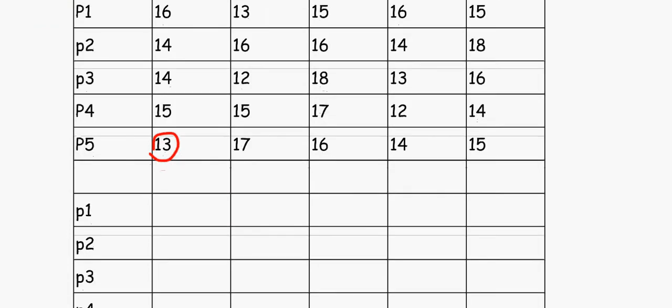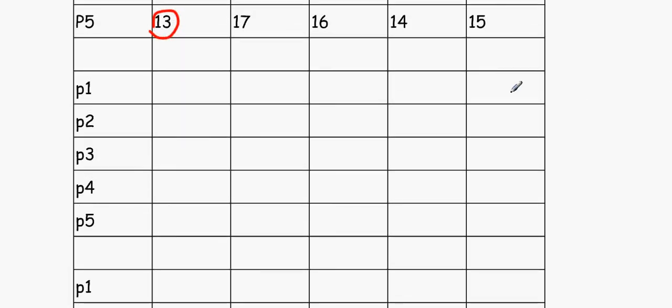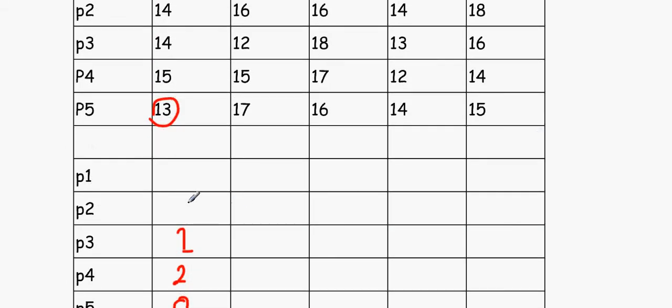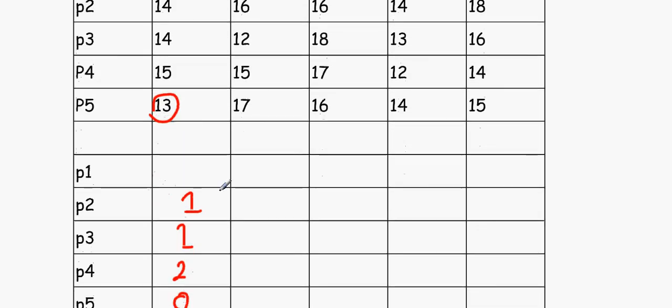So let's start with puzzle 5. 13 minus 13 equals 0. 15 minus 13 equals 2. 14 minus 13 equals 1. 14 minus 13 equals 1. And the last one is 16 minus 13 equals 3.